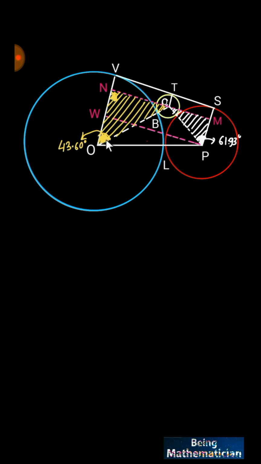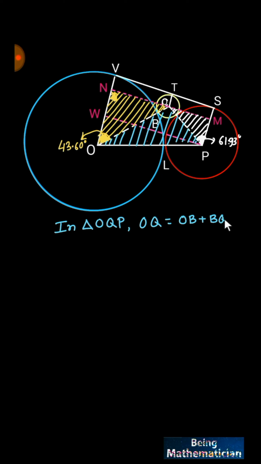Now let's consider this triangle OQP. So in triangle OQP, OQ must be OB plus BQ, and it is 9 plus 1.44, and it is 10.44 centimeter.